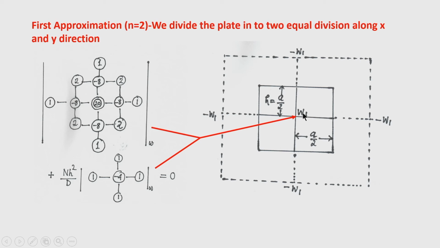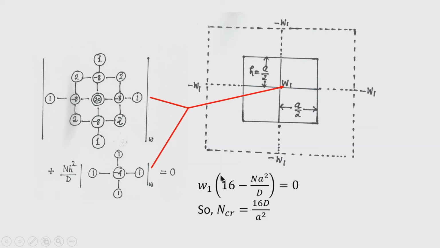So, naturally the deflection is 0. Hence the finite difference equation can now be written as 16, how is 16 coming: 20 minus 4, because 20 is there at the center and no other values are important there, because they are falling on the boundary, and this minus 4, because this is again minus 4.